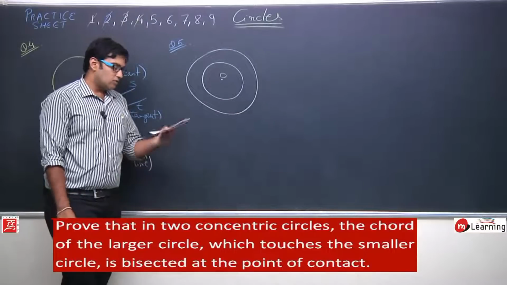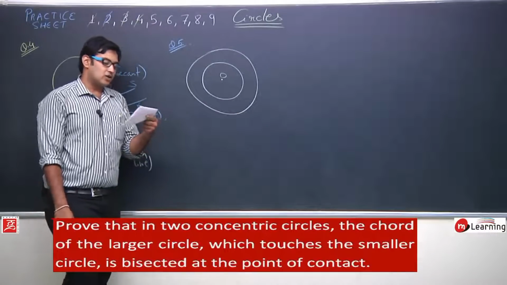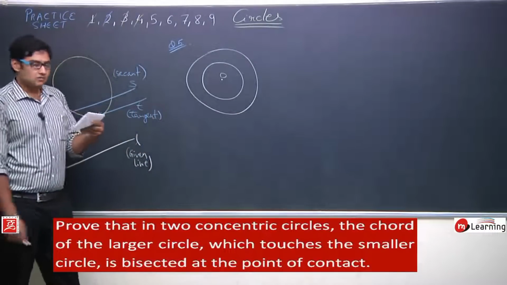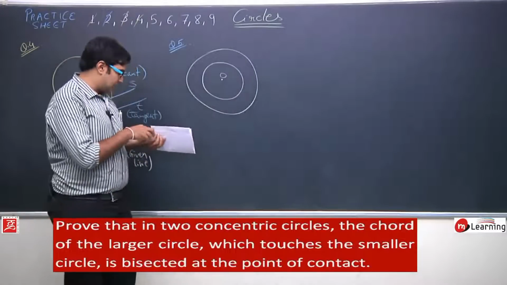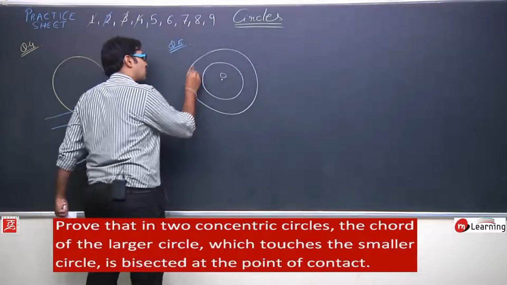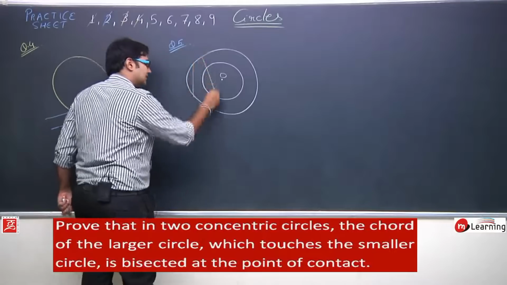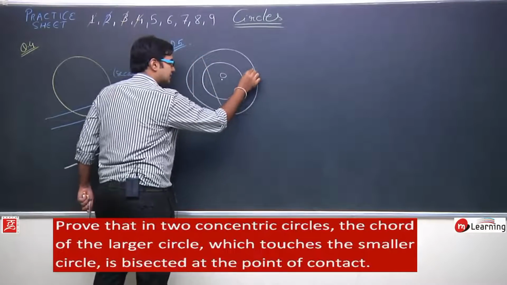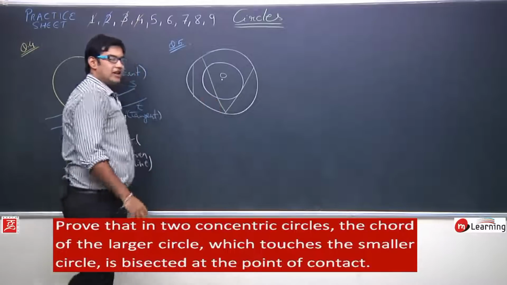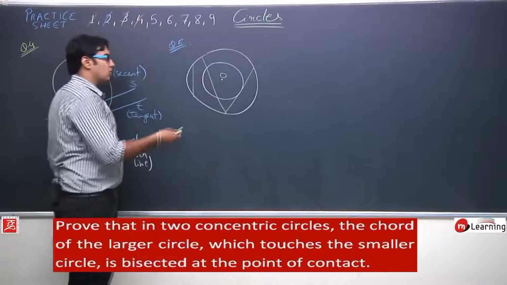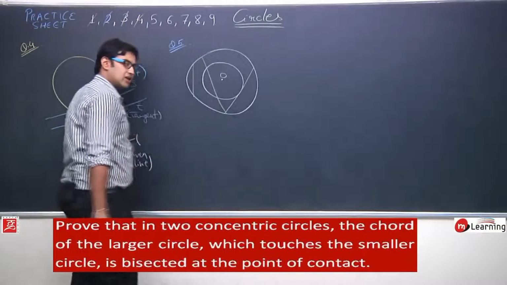Now what it says is the chord of the larger circle. So you can draw many chords on this larger circle. Like I can draw a chord like this. This is a chord. I can draw a chord like this. I can draw a chord like this. There are many chords that I can draw for this larger circle.